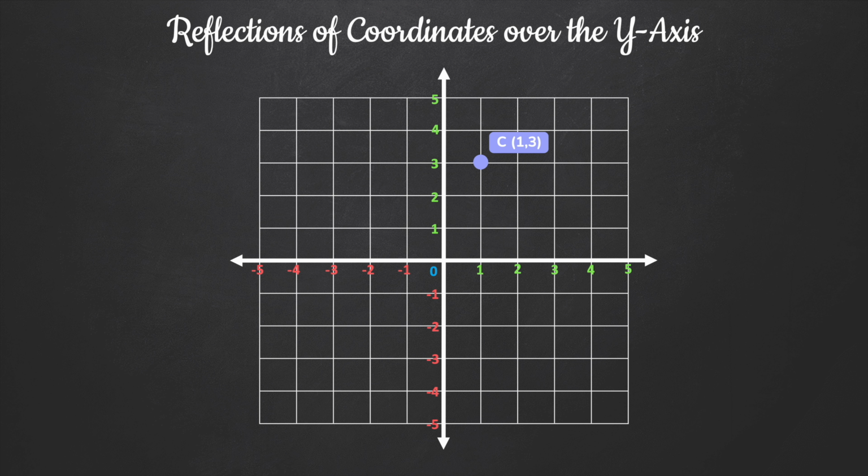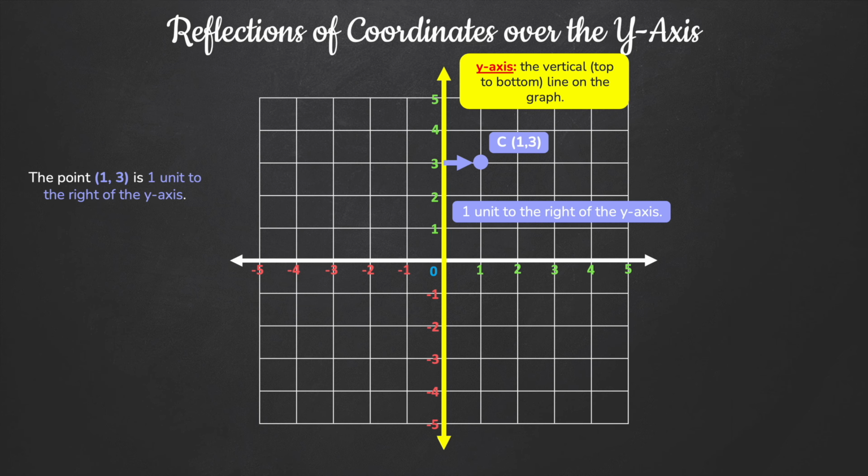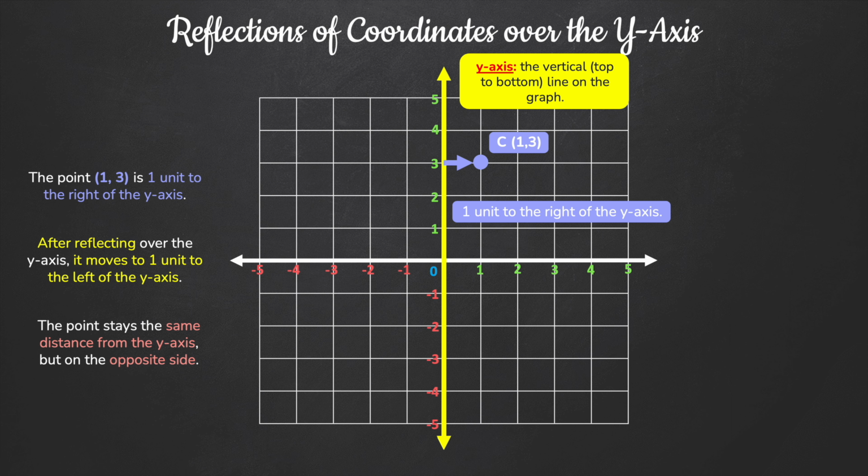Here we have point C, which is at 1, 3. And we are reflecting this over the y-axis. So the y-axis is the vertical line on the graph. Point C is 1 unit to the right of the y-axis. So when we reflect it, the reflection is going to be 1 unit to the left of the y-axis.